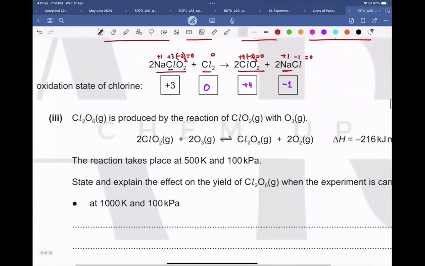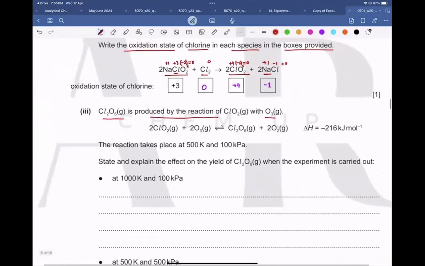Okay. Now, Cl2O6 is produced by the reaction of ClO2 with O3. And here we got the enthalpy change. The reaction takes place at 500 Kelvin and 1000 kilopascal. Okay, so it's a pressure and it's a temperature.